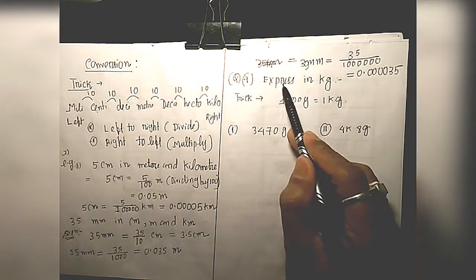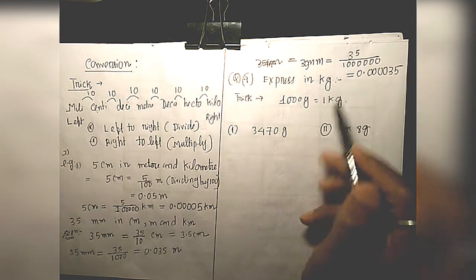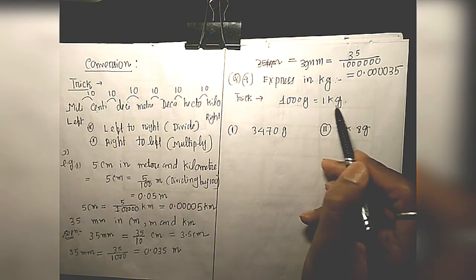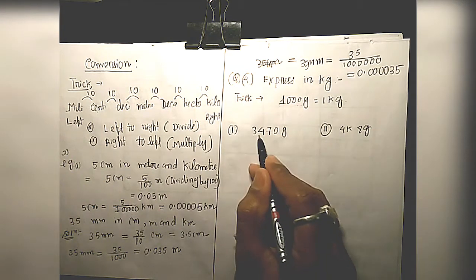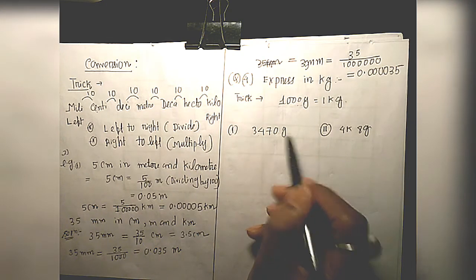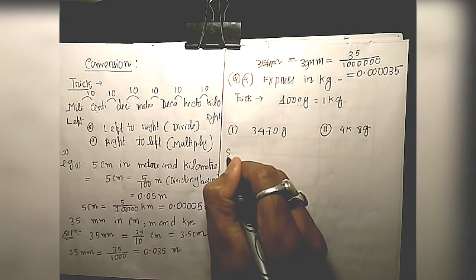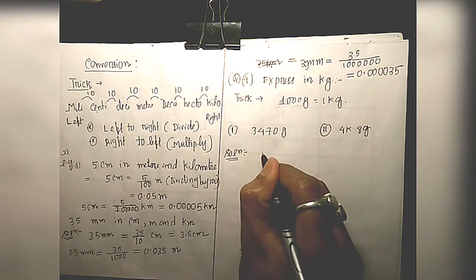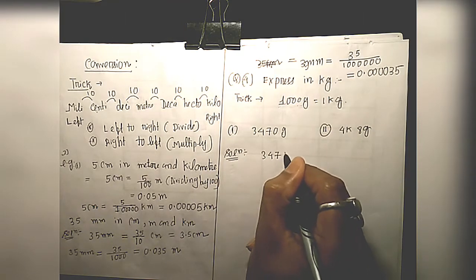Next, express in kg. So what is the trick? 1000 gram equals 1 kilogram. Question number 1, 3470 gram. When you convert from gram to kg, we should divide.